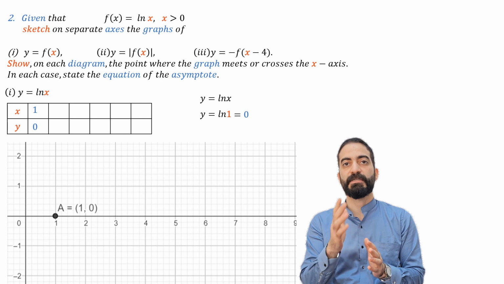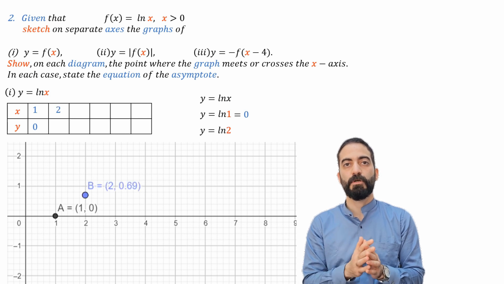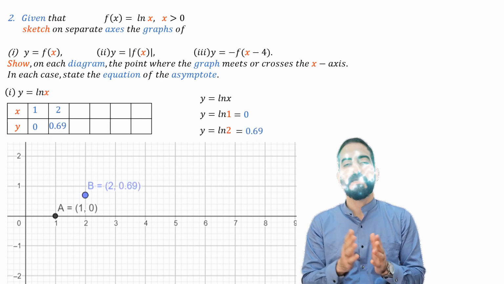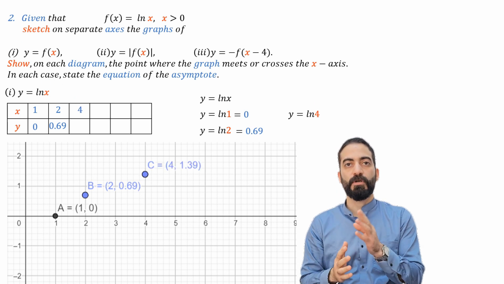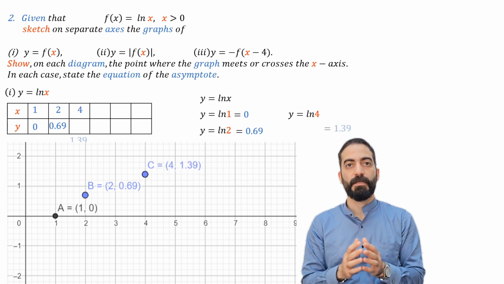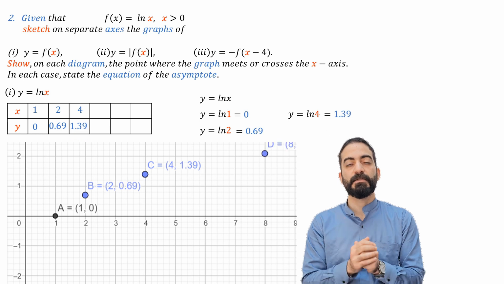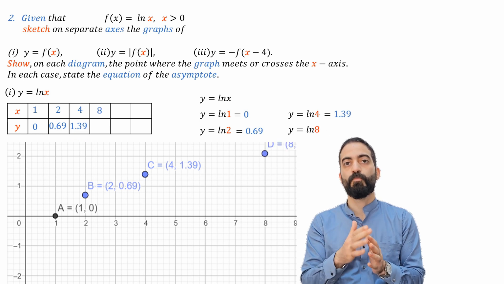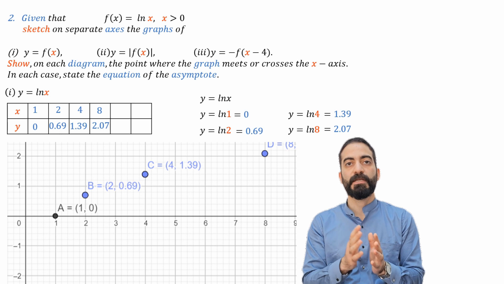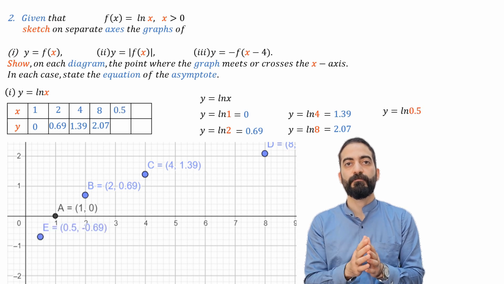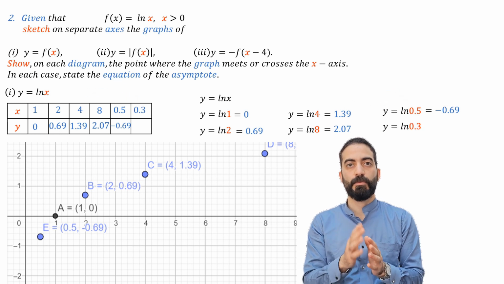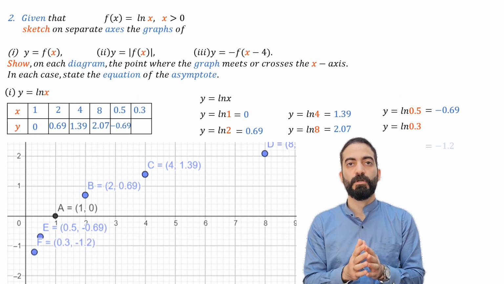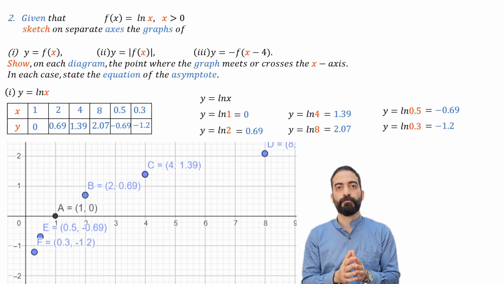And when x equals 2, y equals 0.69, and when x equals 4, y equals 1.39. When x equals 8, y equals 2.07. When x equals 0.5, y equals minus 0.69. And when x equals 0.3, y equals minus 1.2.